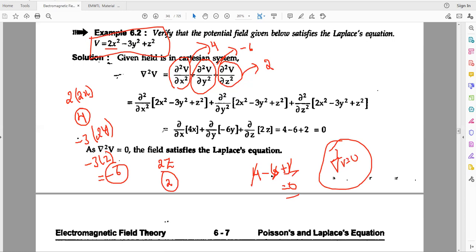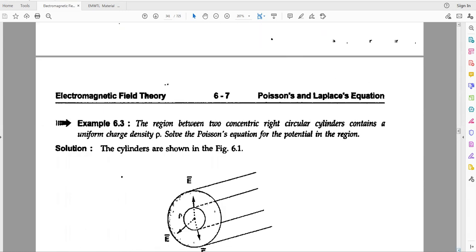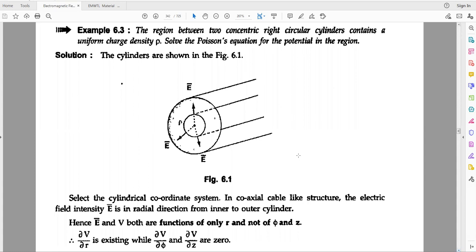Okay, my dear friends. Coming to the next example. The region between the two concentric right circular cylinders contains a uniform charge density rho. Solve the Poisson's equation for the potential in the region.